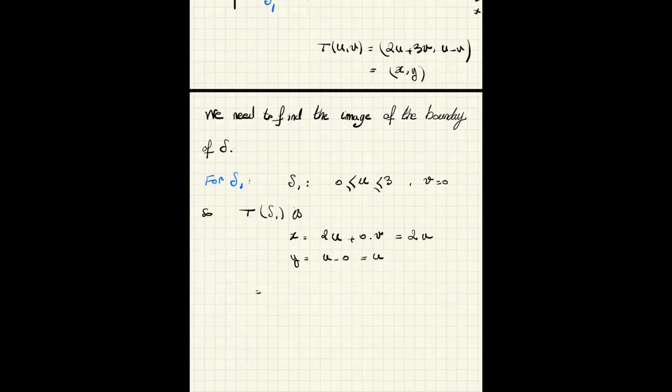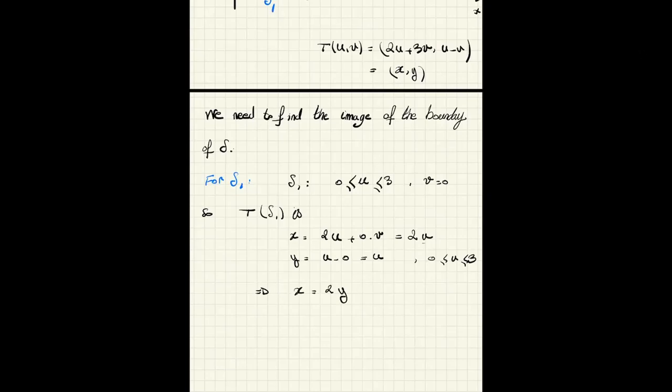So now they are parameterized using U as a variable between 0 and 3. Now this is nice, but you want to look at what they look like in the XY axis, so you have to express X as a function of Y. You do this by getting rid of U. In this case, it's easy: U is equal to Y, so X is 2Y.